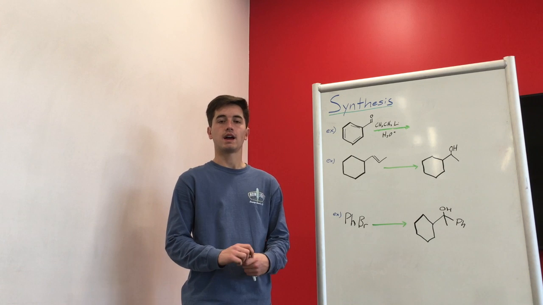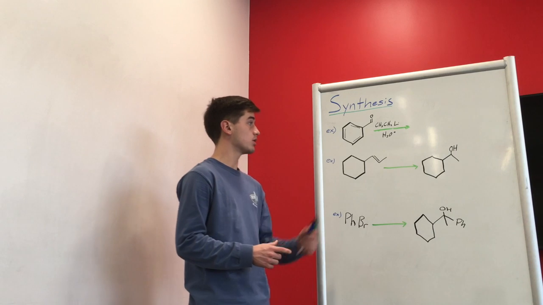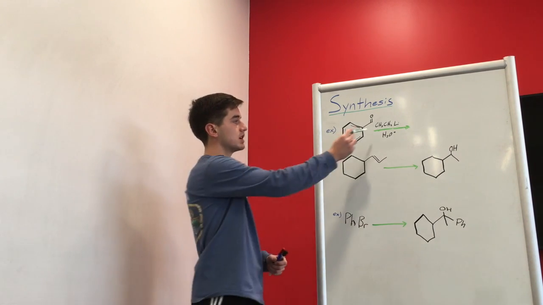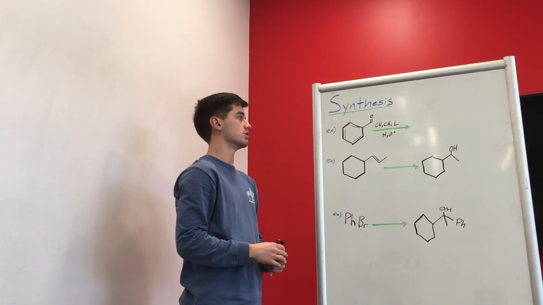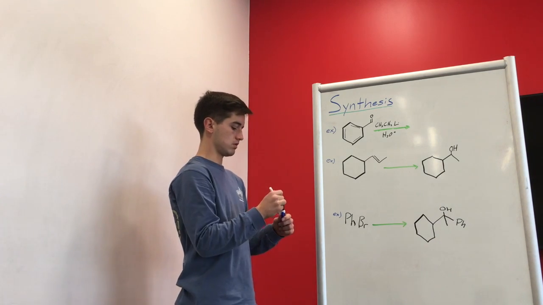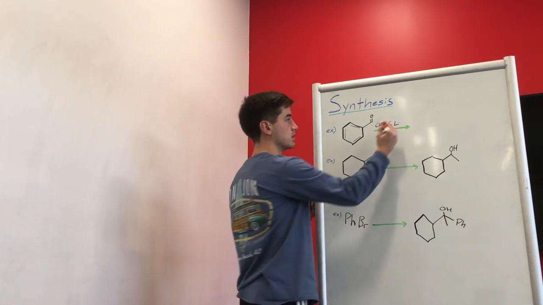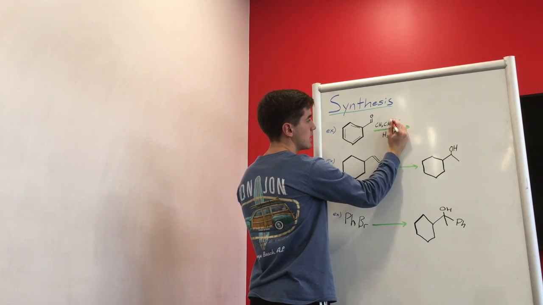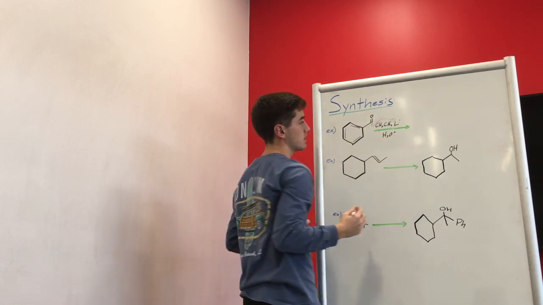So let's look at some examples of how to synthesize alcohols using organometallic reagents. First, we have this as our starting material, and we're reacting it with CH3CH2Li and quenching it with H3O+. Like in the previous clip, you see that the negative charge will go and attack right there.